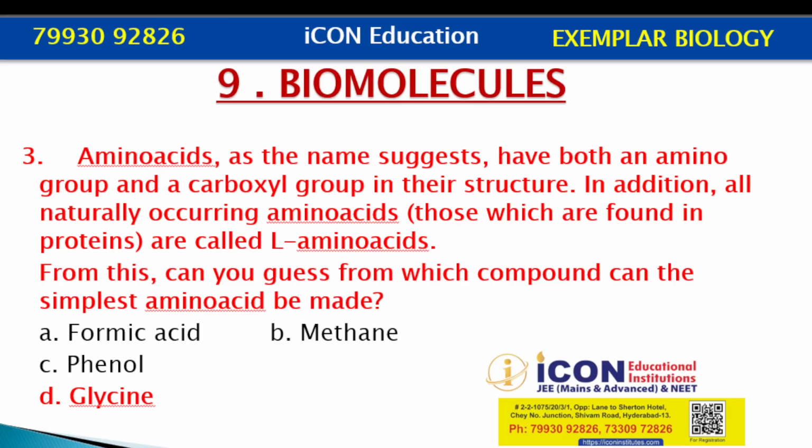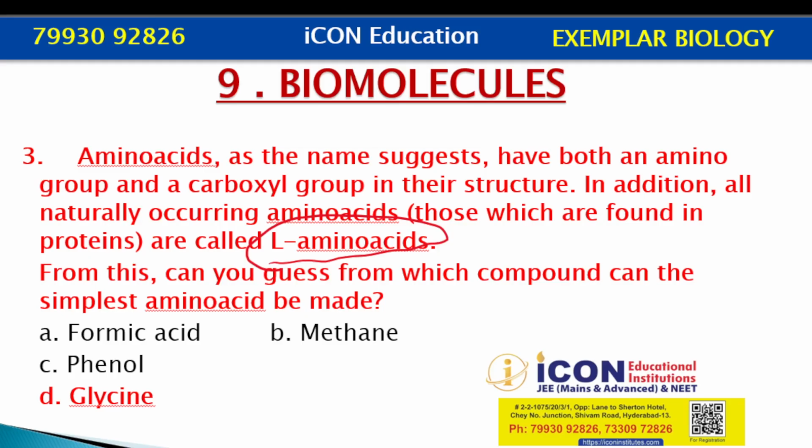See students, when you look at the question, here it is asking you L amino acid. What is this L amino acid? L amino acids are the biologically active left-handed isomers of amino acid that serve as fundamental building blocks for protein in all living organisms.